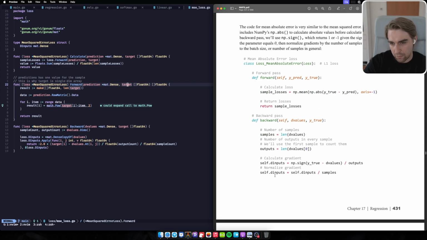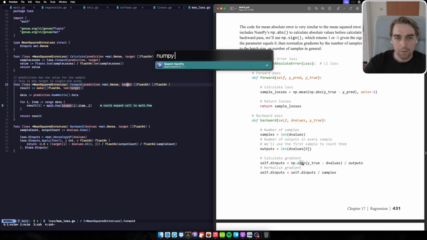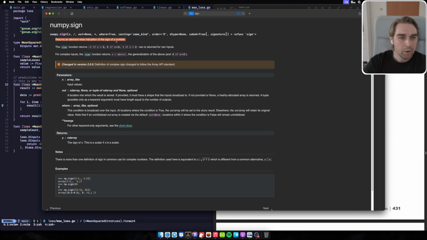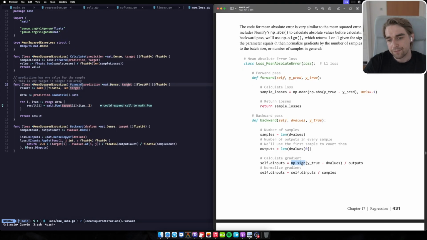Okay, there is np.sign, and I think that's it. Sign returns an element-wise indication of the sign. The sign function returns -1 if the provided value is less than zero. Okay, for the complex input sign function term, basically it takes the result of this expression, and then if it's positive, it returns 1.